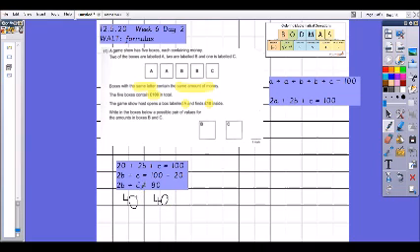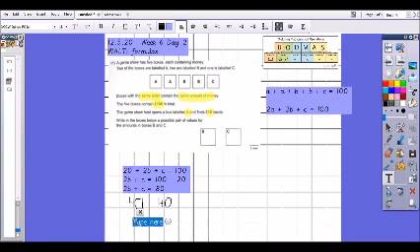I'm going to give C the value of 40. So if C has the value of 40, that means there is 40 left to split between 2 B boxes. Therefore, to find the value of B, I would have to do 40 divided by 2.